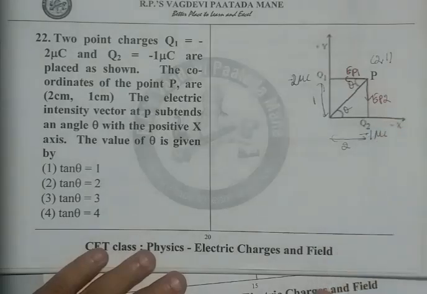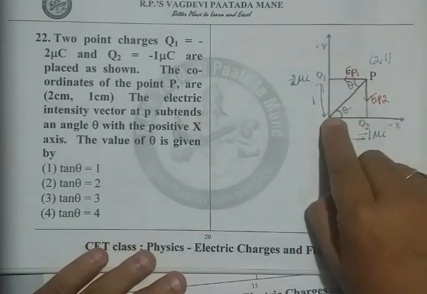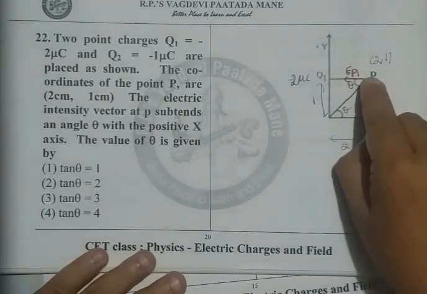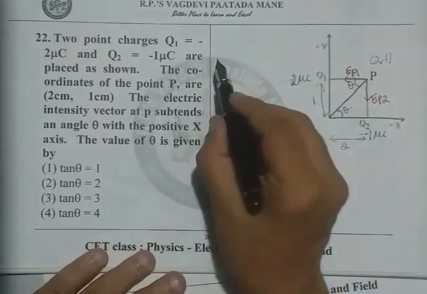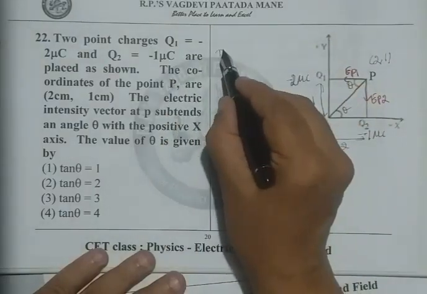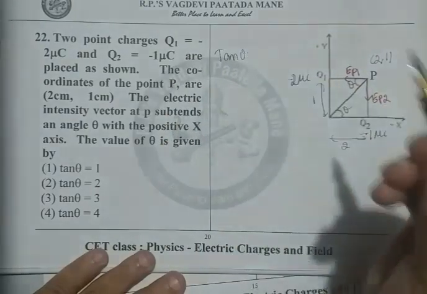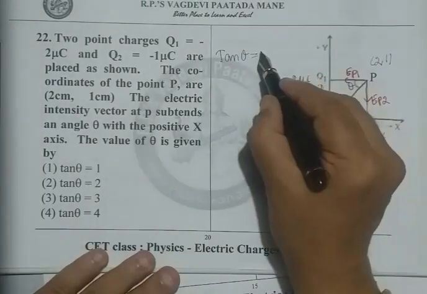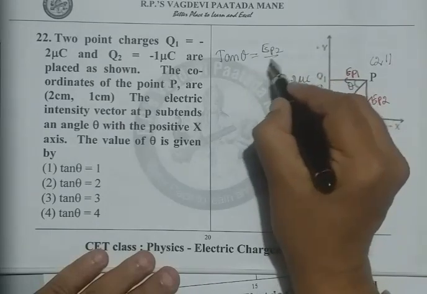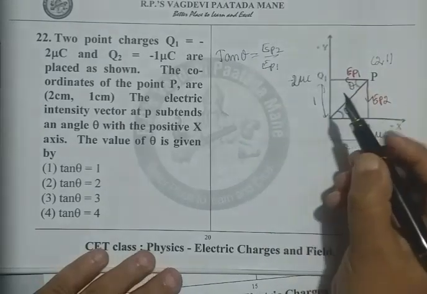Now, these two produce the resultant field along P to origin, PO. Now we are asked to calculate tan theta. I write from the figure, tan theta as opposite by adjacent. Opposite is EP2 by EP1.